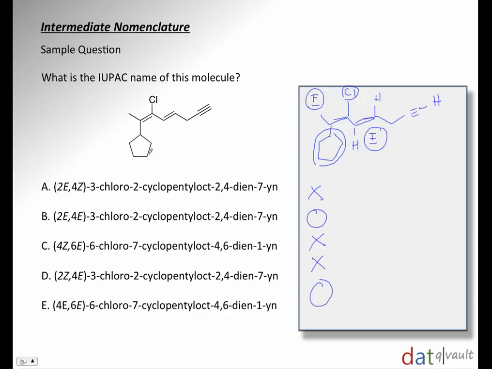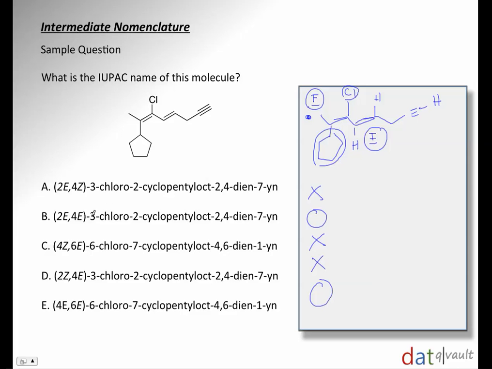So the next thing that we're going to do is find the next major difference between these 2 options, B and E. Here we notice that chloro is number 3 on the molecule, and this chloro group in answer E is number 6 in the molecule. We're actually going to want to start numbering the chain from this side versus this side of the molecule because it gives us the substituents with the lowest possible numbers.